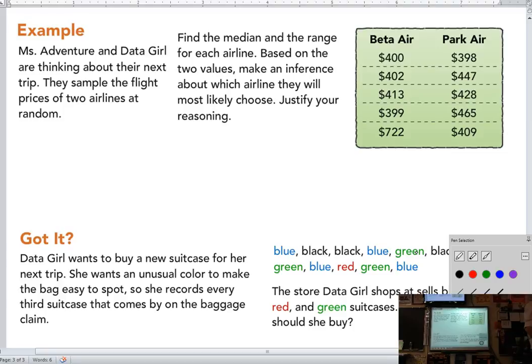Median and range. Some people need to rewrite them and put them in order. Other people are able to just kind of move things around in their head. Remember, median is middle. Range is difference, how much variance it has.